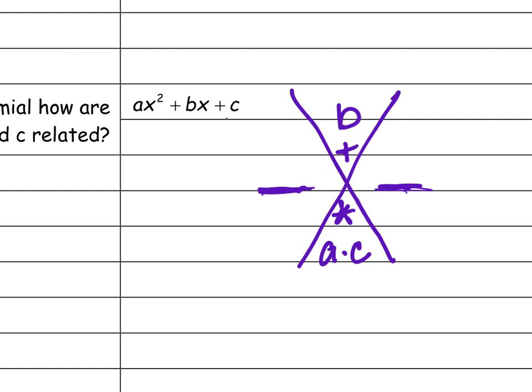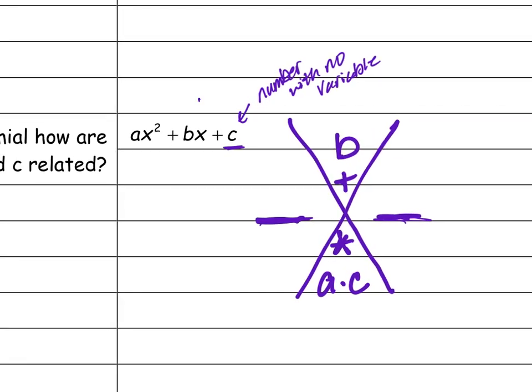Well, C is always the constant. This is the constant. The number with no variable. Okay, no variable. Okay, and B is the middle number with an X only.